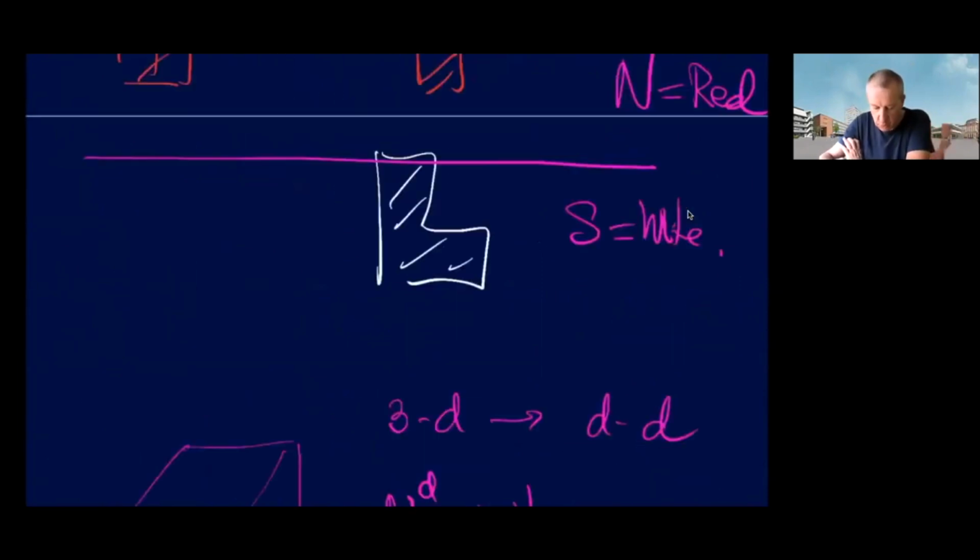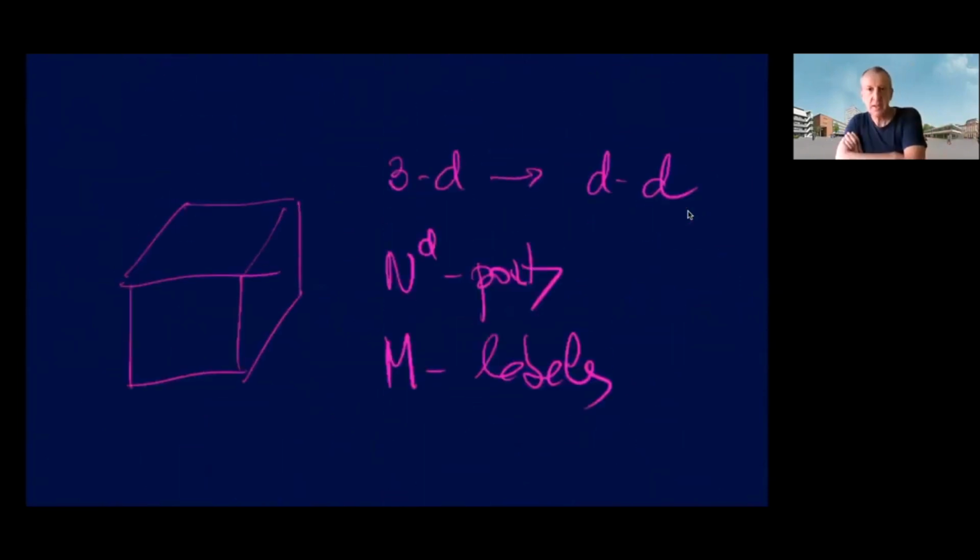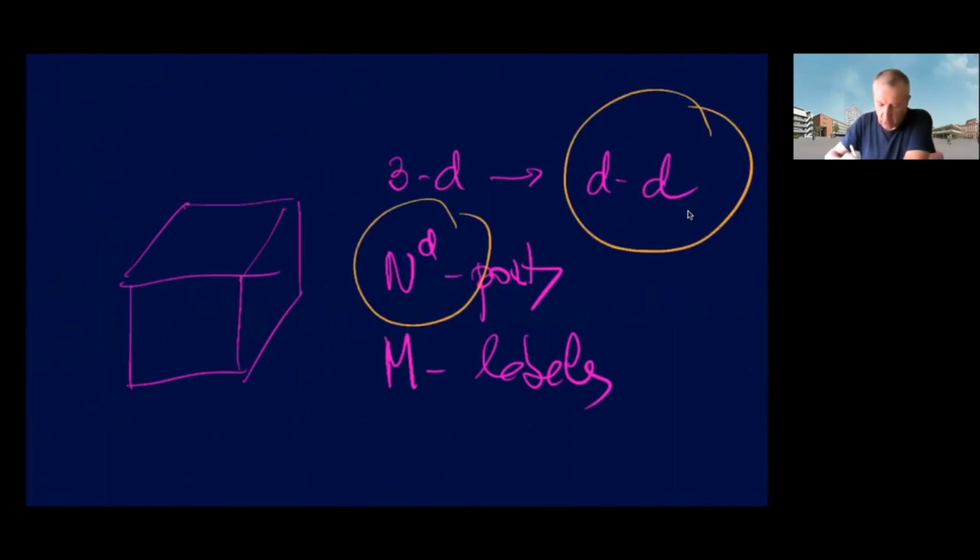So if you want to, you can look at this example. You are in d dimensions, considering n points per dimension, n to the power d points, and then you divide them into m categories. Now you are in the d-dimensional space, so you can move in very different directions.